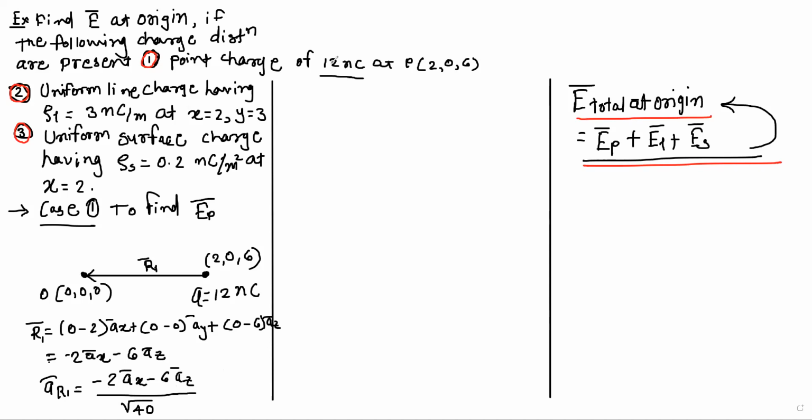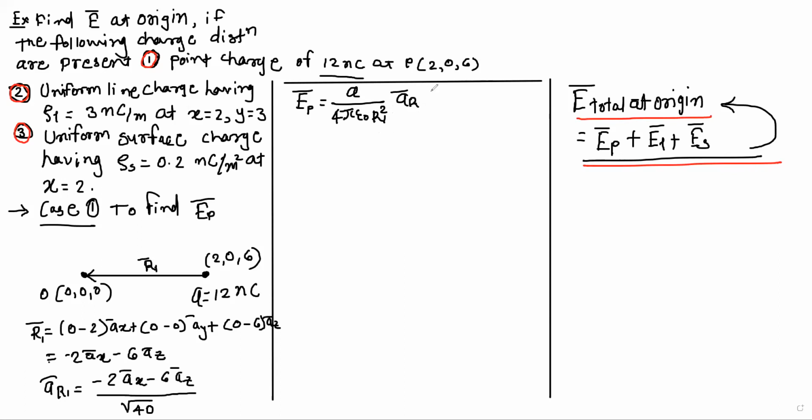Once we get the vector and unit vector, we are now able to calculate the electric field intensity due to that point charge. So here I'm going to write EP bar, which means electric field intensity due to that point charge. What is the formula? Q upon 4 pi epsilon naught R1 square, a bar R1.